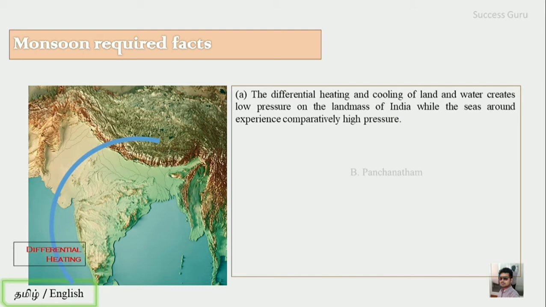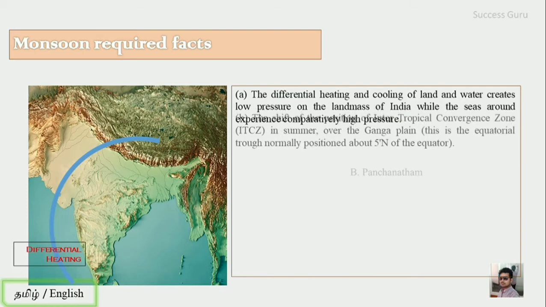So we'll see the facts that increase monsoon occurrence in India. The first thing is that the differential heating and cooling of land and water creates low pressure on the landmass of India, whereas the surrounding sea experiences comparatively high pressure. As you know, wind moves from high pressure to low pressure, and that is the very first thing required for the occurrence of monsoon.